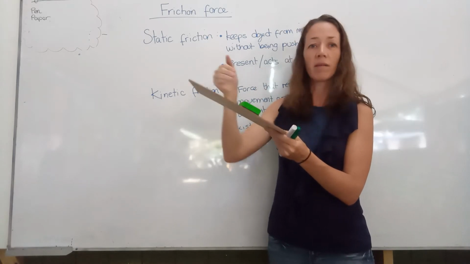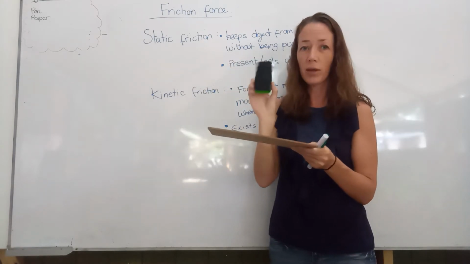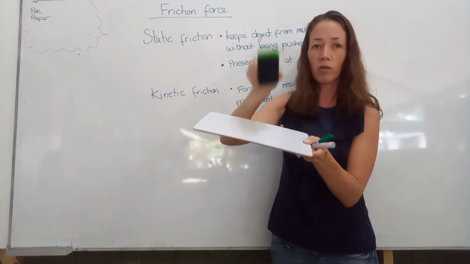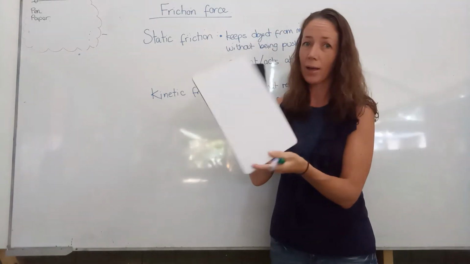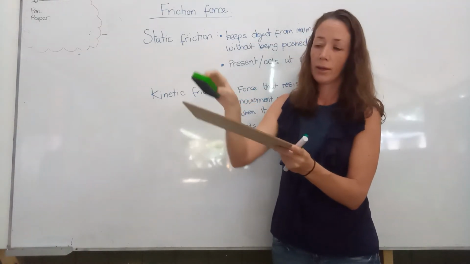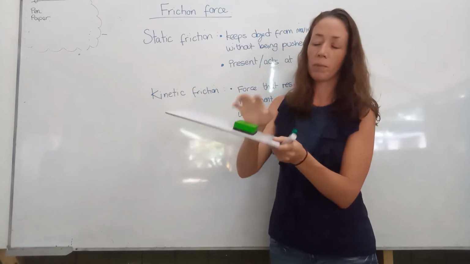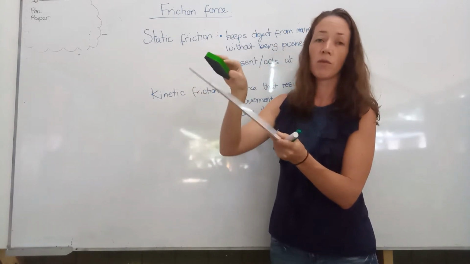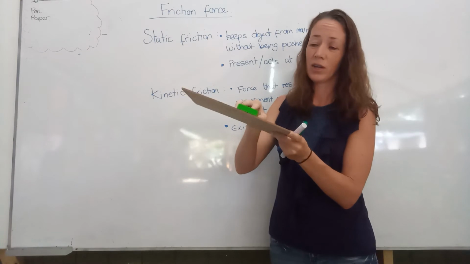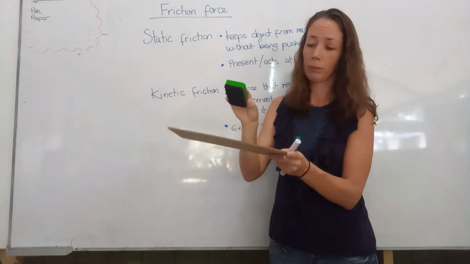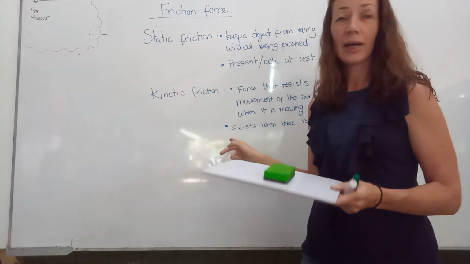There's like little bits of molecules in between these two surfaces. Okay, that might look flat. The surface is not flat. There's tiny molecules of bumps stopping it from moving. So the resistance friction is what is stopping that from moving. Okay? It's called kinetic.